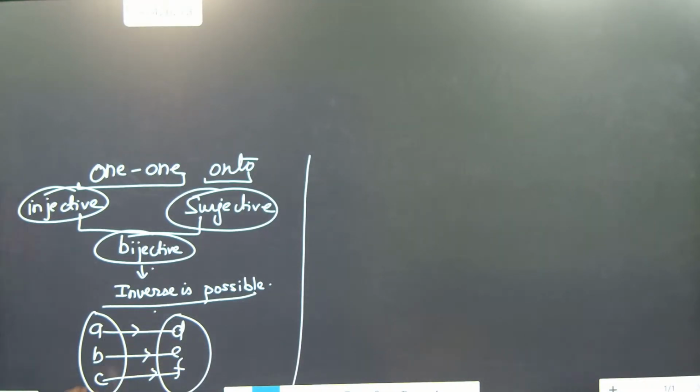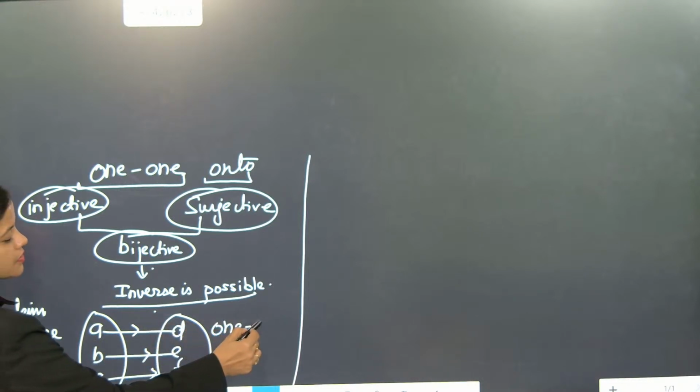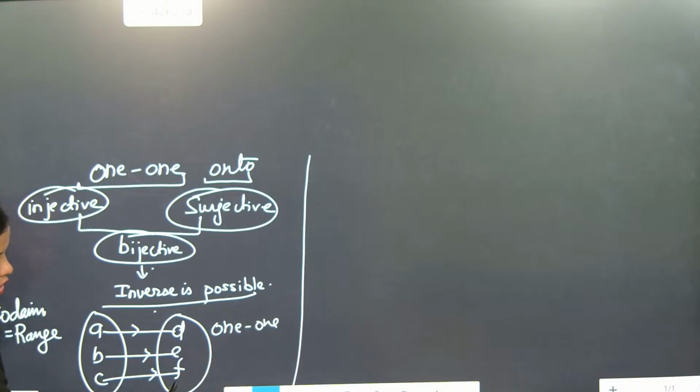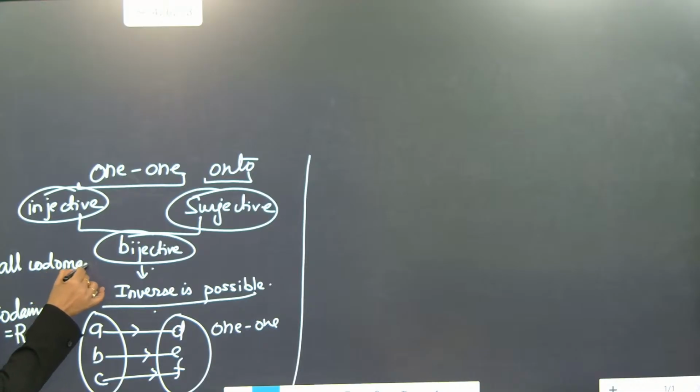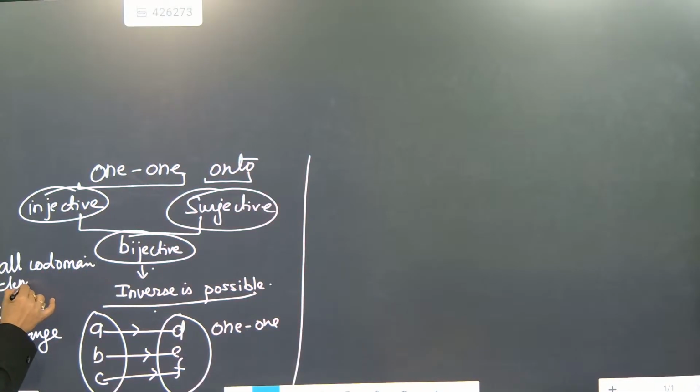So here, all codomain elements are equal to range. Understood? So single correspondence means it is 1-1. And here, all codomain elements are mapped.